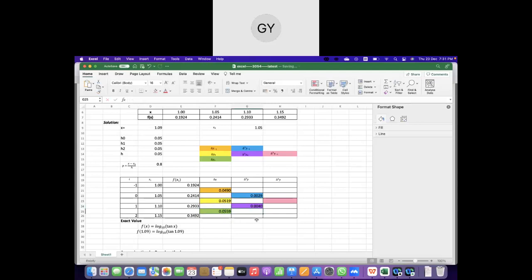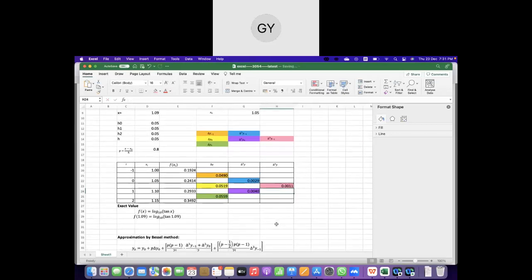So the value of second DD 0 is 0.0040. Then we continue with third DD -1, pink color, which is equal to purple minus the blue color. Then third DD -1 is 0.0011. After completing the divided difference table, we continue to find the exact value.